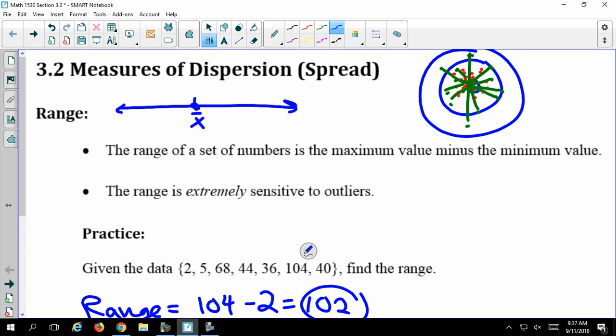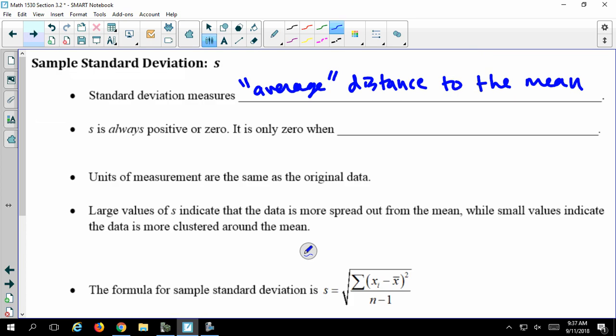So if you had a data set like this, the average is 2. All the distances from all the points to 2 would be 0. This would have a standard deviation of 0. So it's always positive or 0. It's only 0 when all data values are equal.